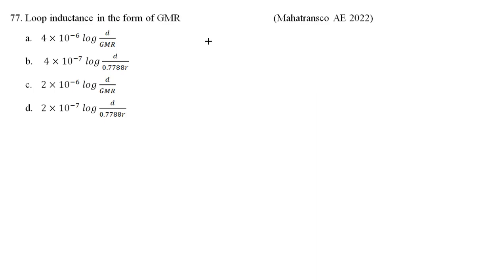Next question, asked in Mahatransco AE exam 2022. Loop inductance in the form of GMR, geometric mean radius, is. Now what is the inductance of a single conductor? It is 2 into 10 raised to minus 7 ln D by R dash, Henry per meter per phase.